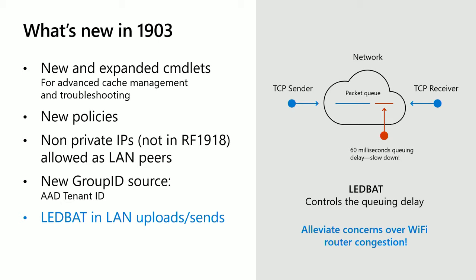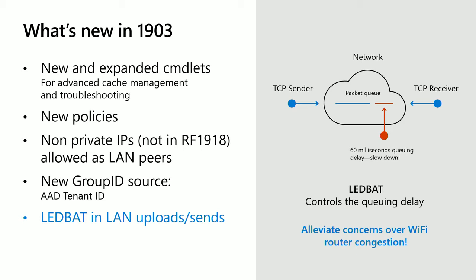But the one change I wanted to focus on, or feature, is leveraging LEDBAT. So we've been leveraging LEDBAT in uploads that come from the device to other devices outside of the LAN. So the idea was, if we happen to go over the WAN and connect to a remote device, we want to be able to identify network congestion and react to it pretty quickly.